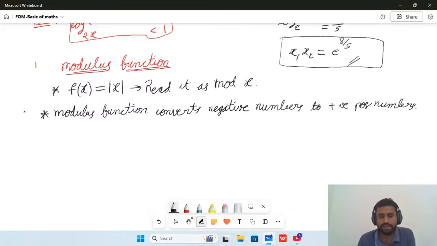It will apply a negative sign to the negative quantities. This is how it will convert the negative numbers to the positive numbers. So the modulus function will apply a negative sign.